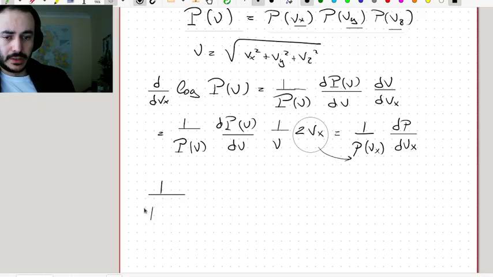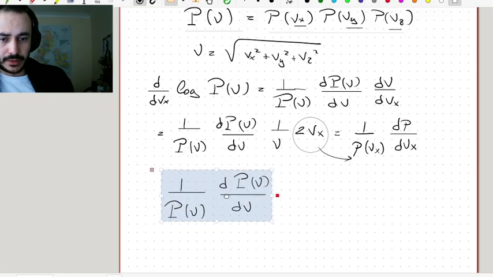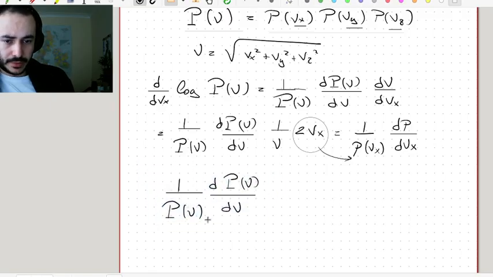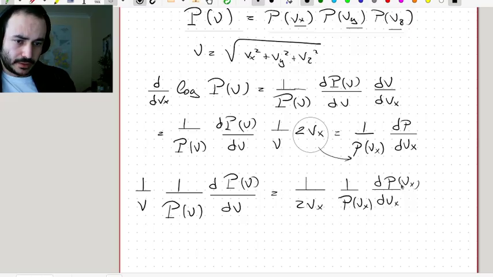In the end, what I'm left with is this calligraphic uppercase P(v), the derivative of this P(v) with respect to v, and then there is the 1 over v as well. Let me just rearrange it like that. I will put it as a prefactor for convenience. So 1 over v, and then here I write 1 over 2vx times 1 over little p(vx), derivative of little p with respect to vx. This is little p of vx, right? Just to make it obvious.